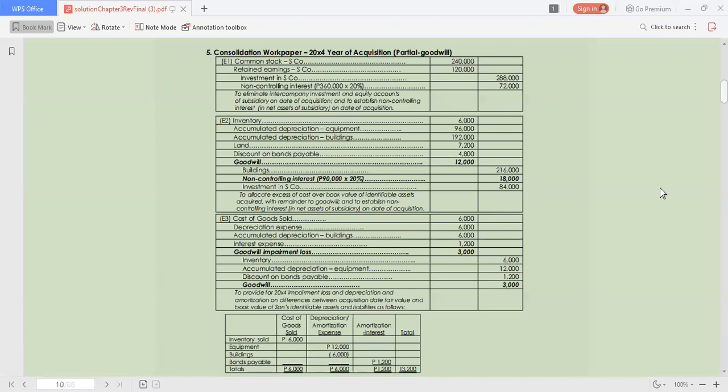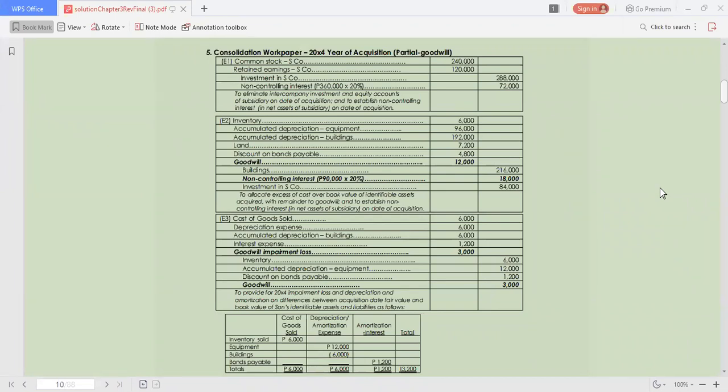So the entries now will be to debit inventory, debit accumulated depreciation of the equipment, debit accumulated depreciation of the building, then we debit land, we debit discount on bonds payable, and finally credit buildings and non-controlling interest and investment in S company. We are now debiting goodwill for the amount of 12,000 for the remainder to goodwill.